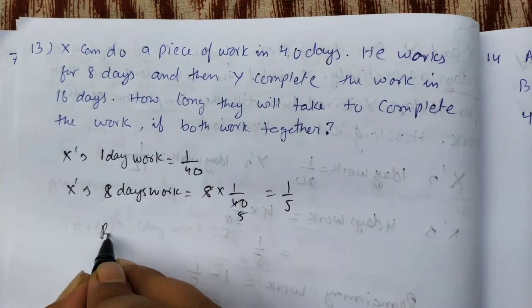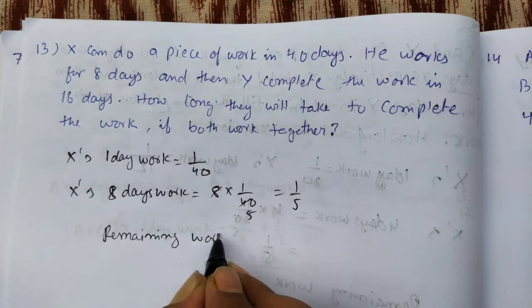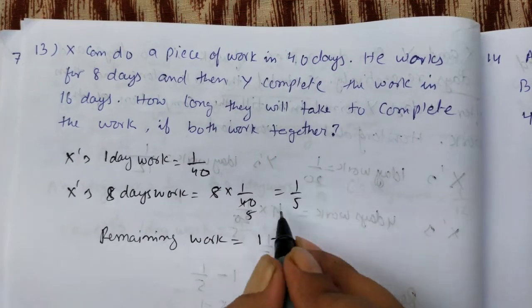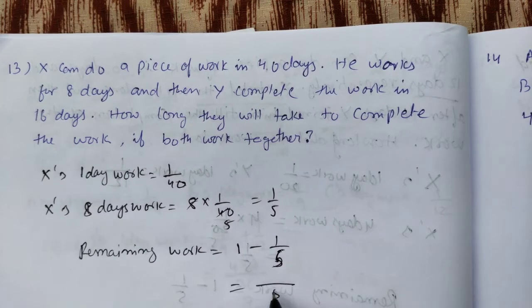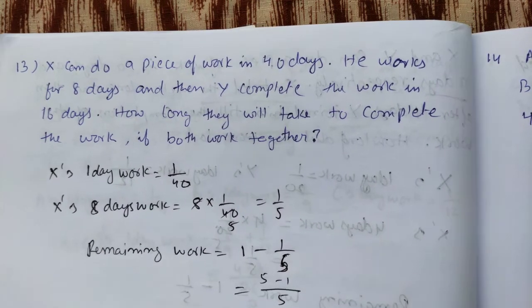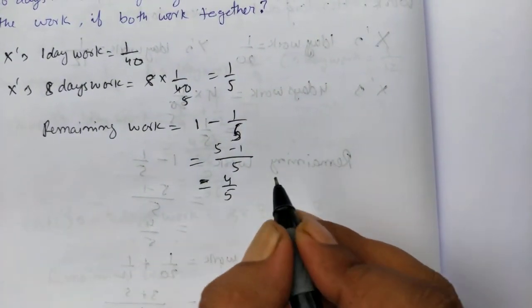So remaining work is 1 subtract 1/5 of the work is done. So remaining is 4/5 of work is left. Okay, 4 by 5.